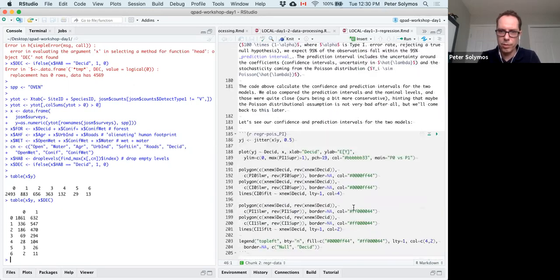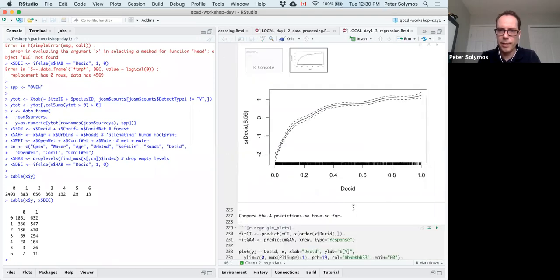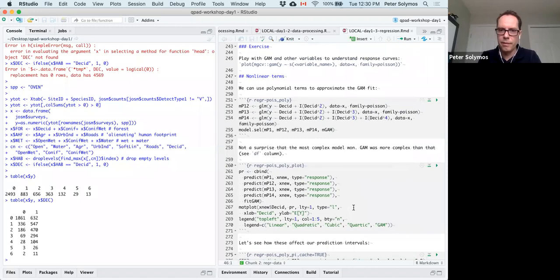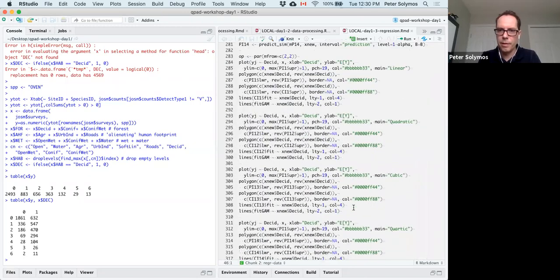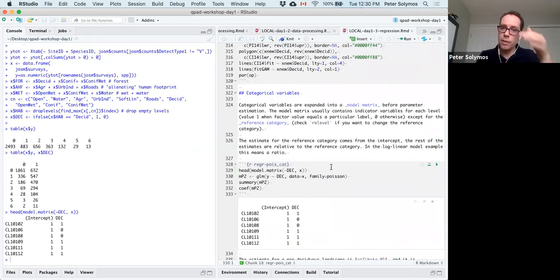So if I scroll back down to here, after GAMs, we were looking at categorical variables. What I wanted to show you is that if you take a categorical variable, that is going to translate into this so-called model matrix.